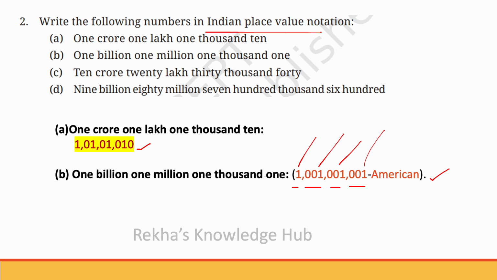In the Indian system, we put the first comma after 3 digits from the right, then commas after every 2 digits. So we get 1,00,10,01,001. This is Indian place value notation. This is 1 Arab, 10 lakhs, 1,001.